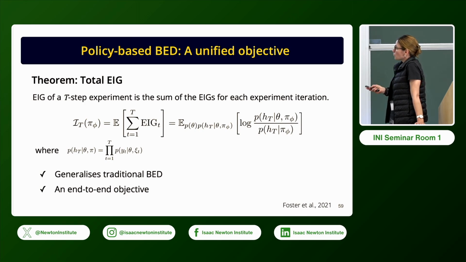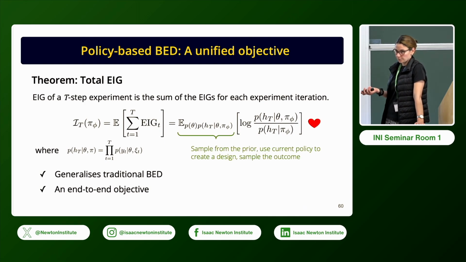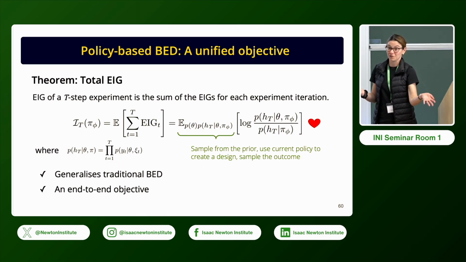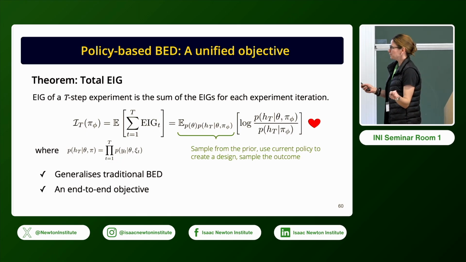As we saw, this generalizes the traditional BED approach, and it provides an end-to-end objective. The reason why we like this is because we can approximate this expectation with samples from our model, and then inside of the expectation, we can use any of the variational approaches that we described in the previous section.